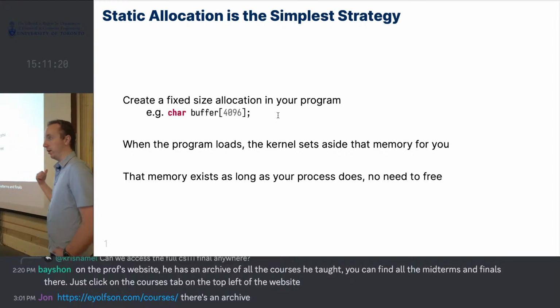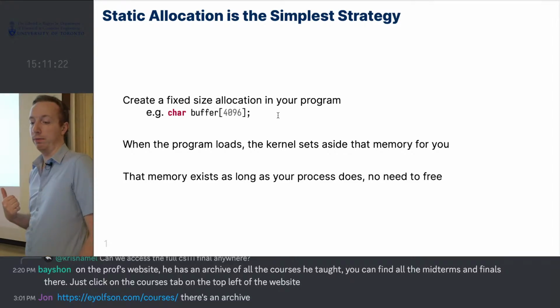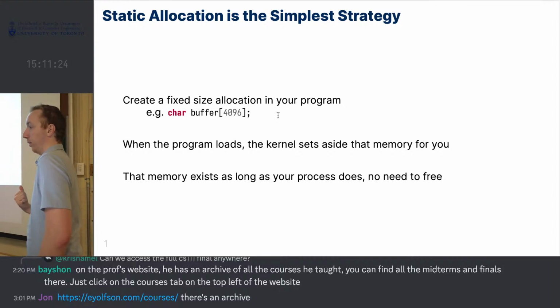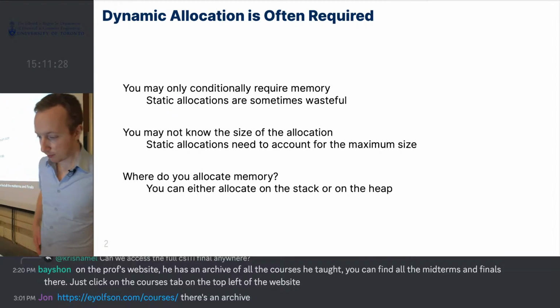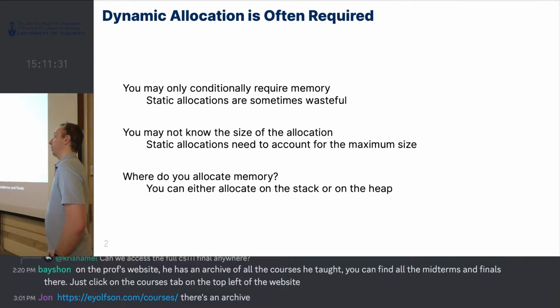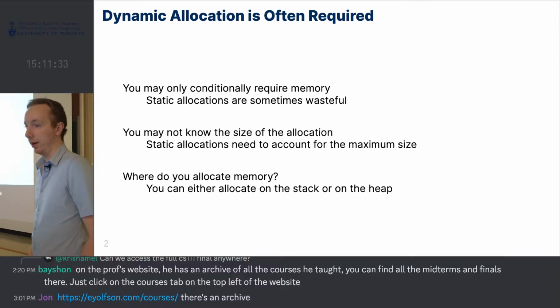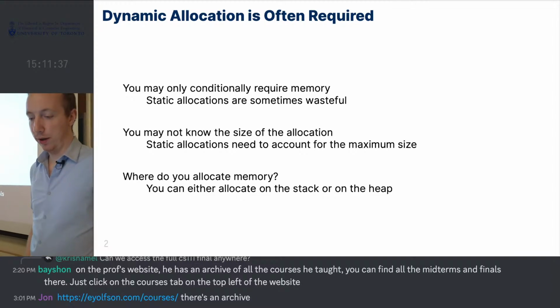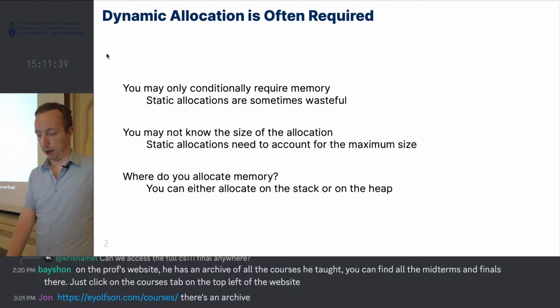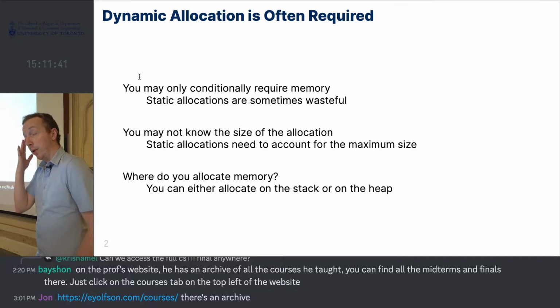This is good if you have memory that you know will last the entire lifetime of your program and you know exactly how big it will be. But most of the time we don't have that, and we have to do dynamic allocation, which is everyone's friend, malloc and all of those. Why don't we want static allocation?